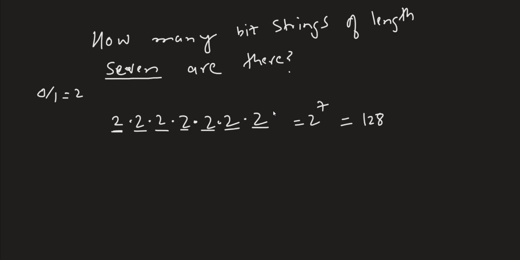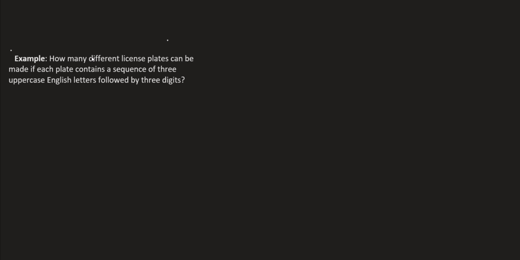Now let's have a look at another example. Here we are asked how many different license plates can be made if each plate consists of a sequence of 3 uppercase English letters followed by 3 digits.